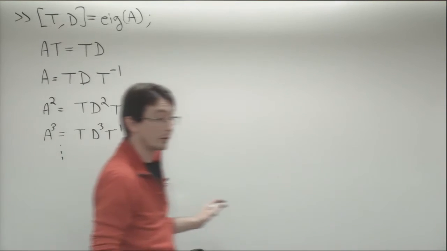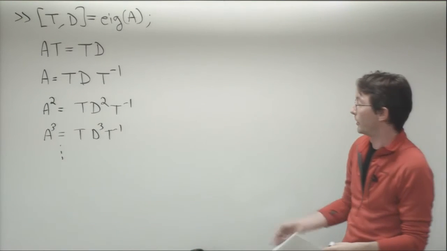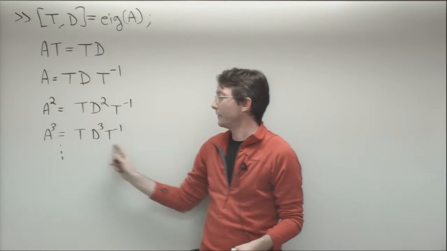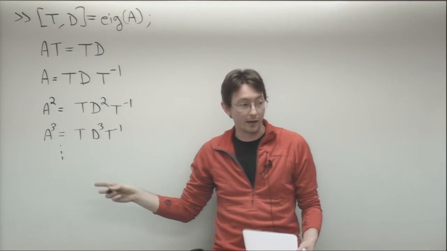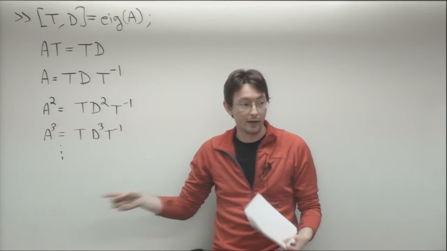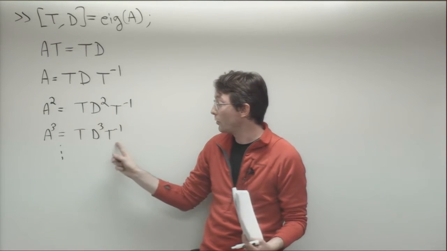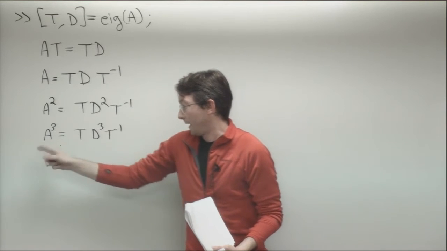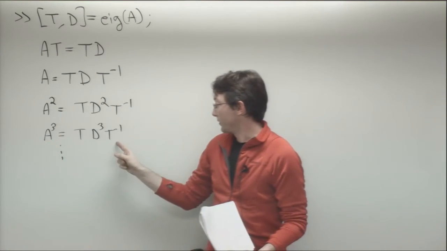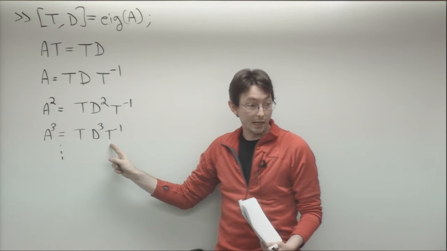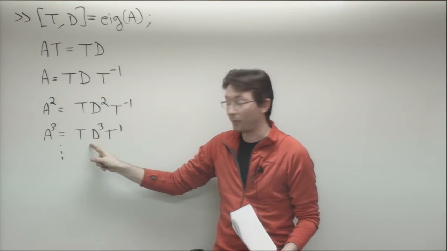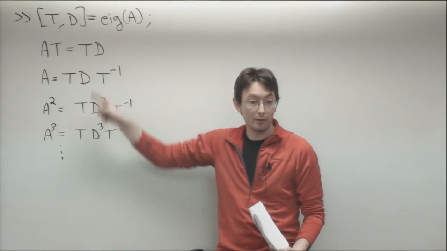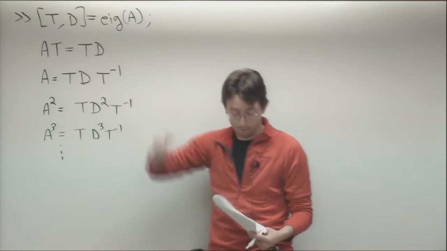This is a really nice, simple formula. It is fundamentally related to the fact that if I write A in a new coordinate system T, then if I multiply A a bunch of times, those column vectors of T stay in the same direction, and they just get scaled by their eigenvalue to a power 2, then 3, then 4.